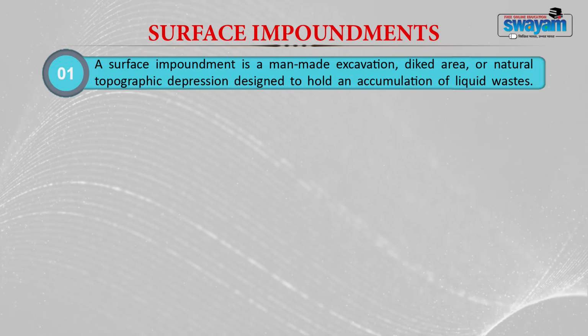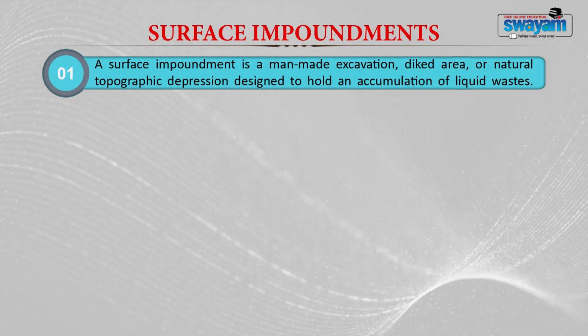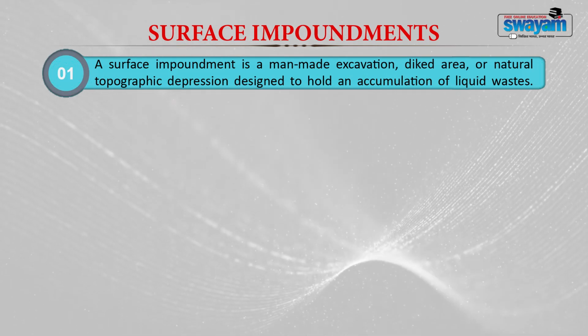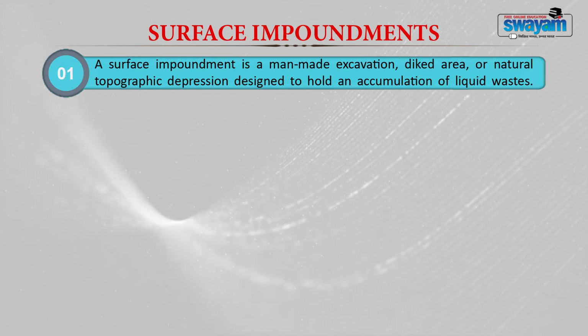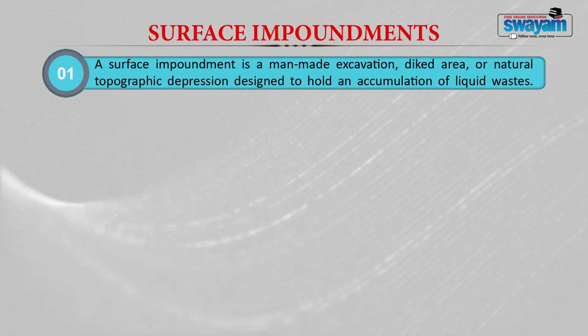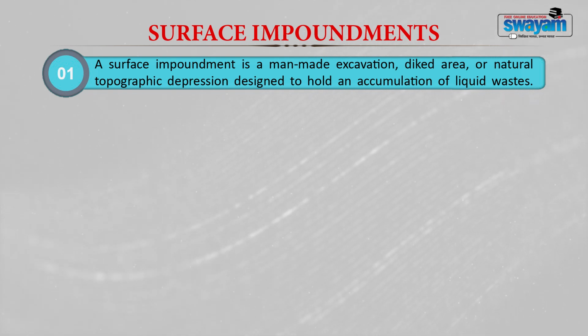Now the alternate disposal options are, one is your surface impoundments and the second one is your deep well injections. The surface impoundment is a man-made excavation or a diked area, which can be either natural or topographic depression, designed generally to hold or accumulate the liquid waste.